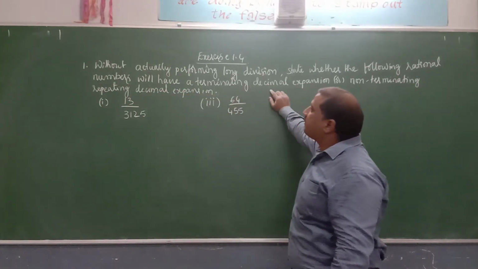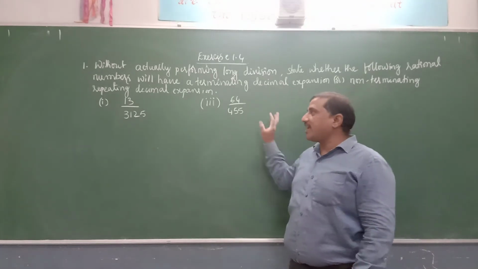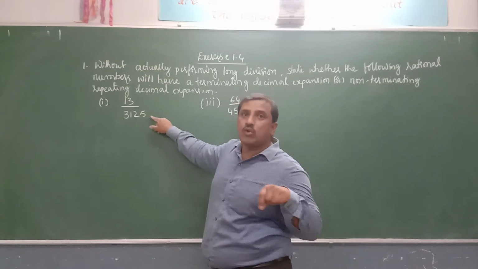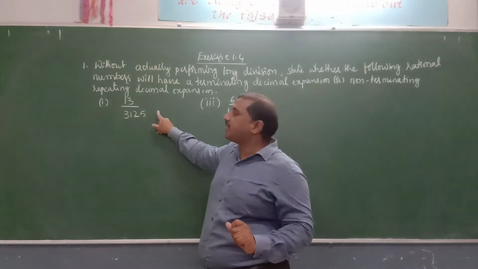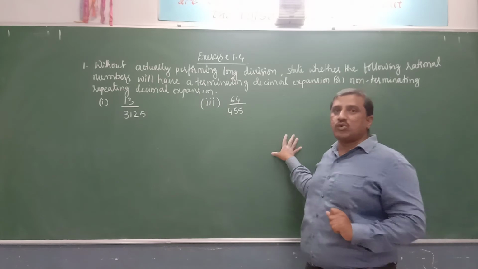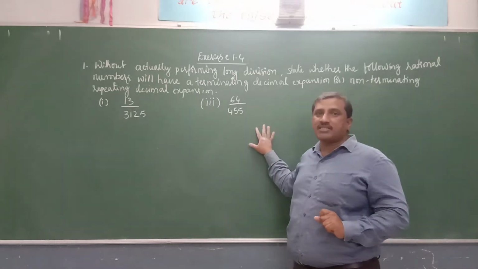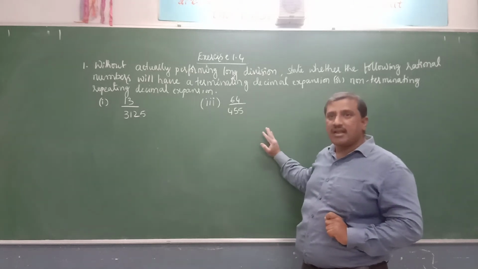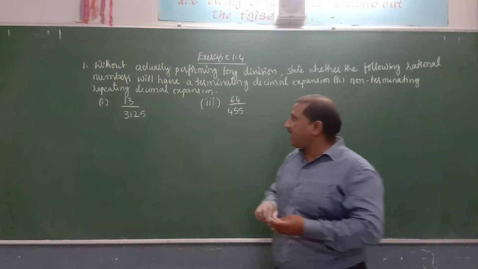If the prime factorization of q, that is the denominator, is in the form of 2 to the power of n into 5 to the power of m, then the decimal expansion is terminating. Otherwise, if it is not in that form, then the decimal expansion is non-terminating repeating decimal.